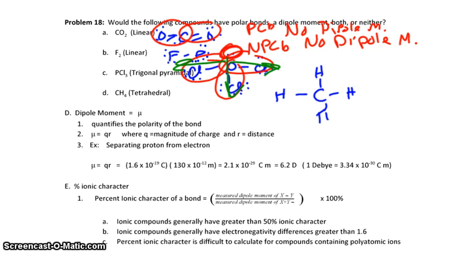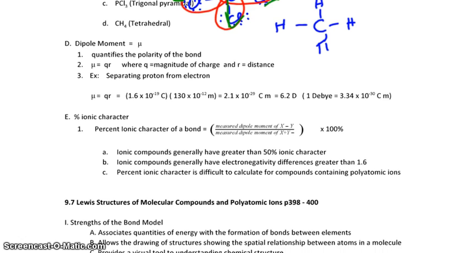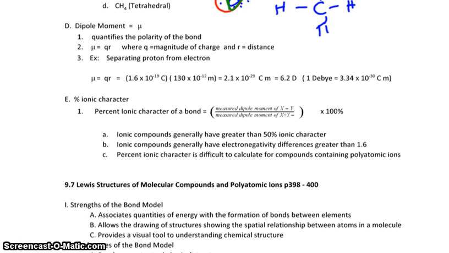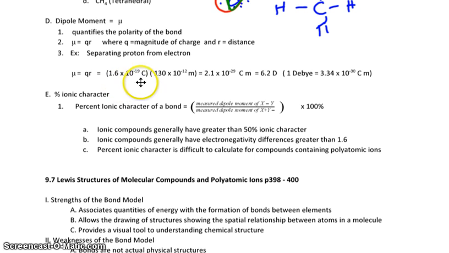Okay. Finally, the last part here is that we can actually measure the dipole moment. It actually gives a number to it. I've never seen a question like this on the AP exam. But in case you're wondering, mu, your measurement of the dipole moment, is equal to Q times r, where Q is the magnitude of the charge, like +1, +2, or whatever, and r is the distance separating the proton from the electron.